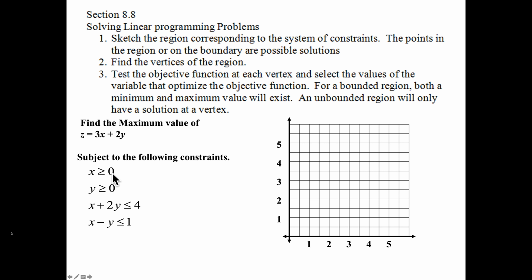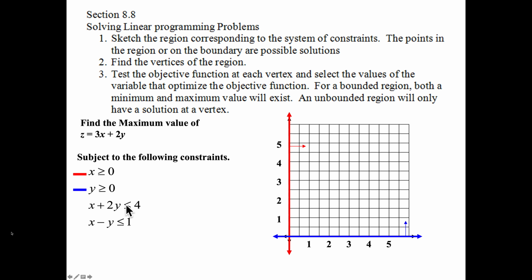So x greater than or equal to 0, y greater than or equal to 0, as I mentioned, cuts off quadrant 1. So we're completely graphing in quadrant 1. We just have to graph these other two inequalities. There's the red, there's the blue, like we did earlier.